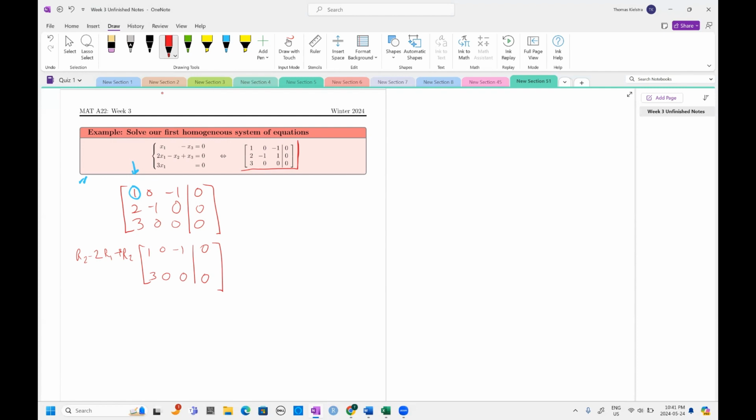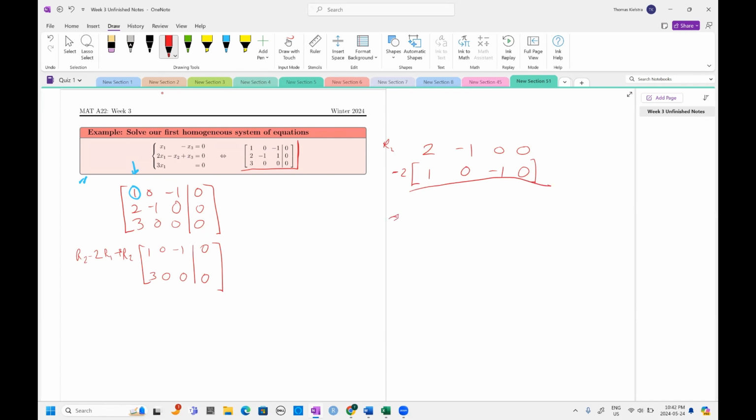Now, to calculate what that is, we're just going to do a little aside. We have 2, minus 1, 0, 0, minus 2 times 1, 0, minus 1, 0. And this is row 2 minus 2 row 1. And we can figure out what this subtraction is.